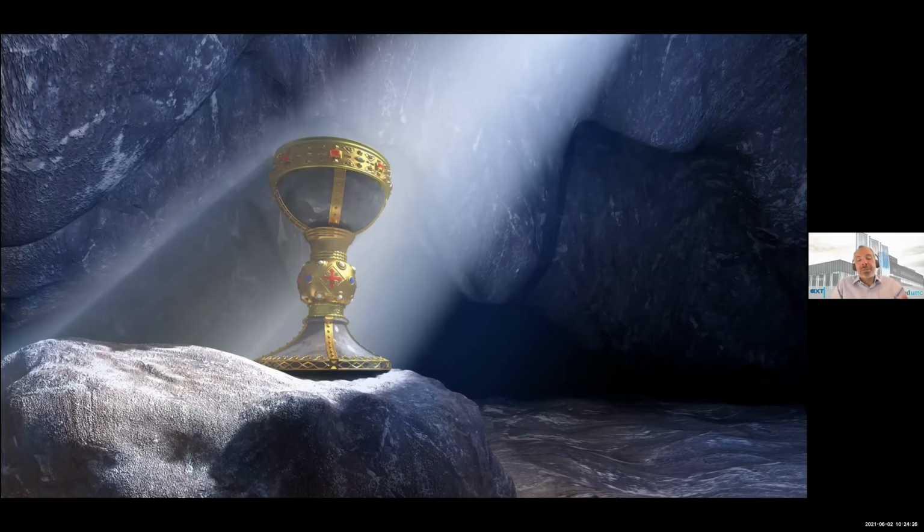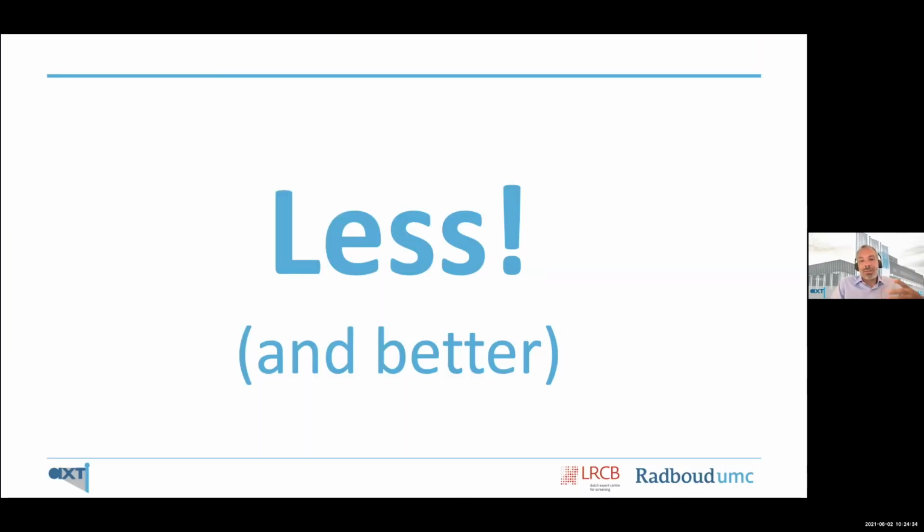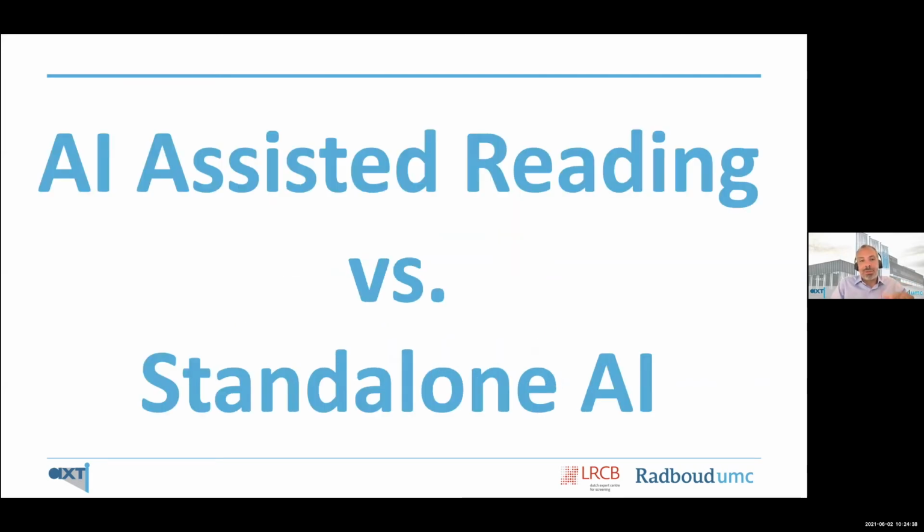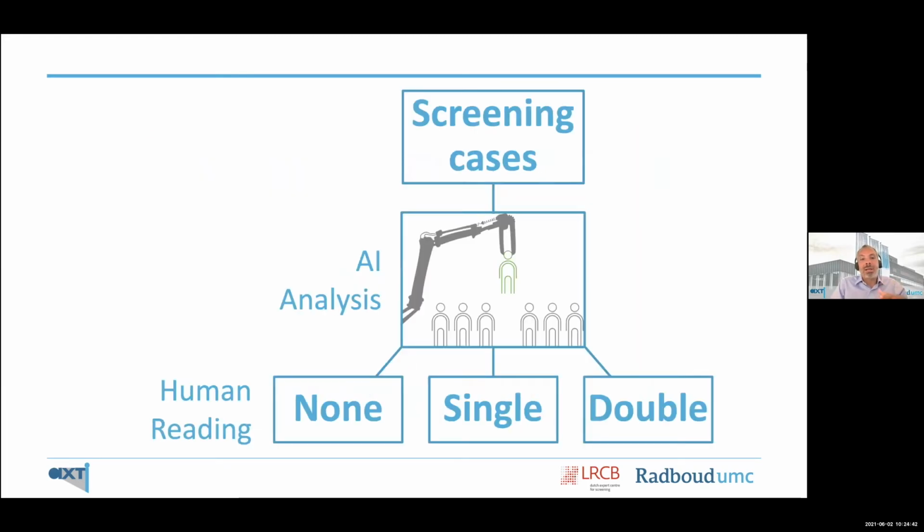But of course, the holy grail is not so much assisted reading, but standalone AI, right? So we want to do less and better at the same time, not just necessarily faster. So we want to move from assisted reading to, as I mentioned, standalone AI. And the idea, in essence, is that we have this group of screening cases. To give you an idea, here in the Netherlands, the screening program is nationwide.